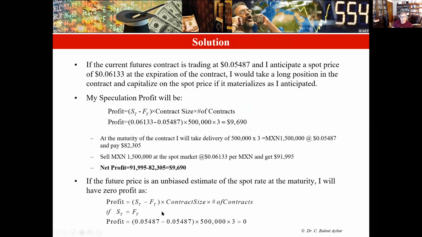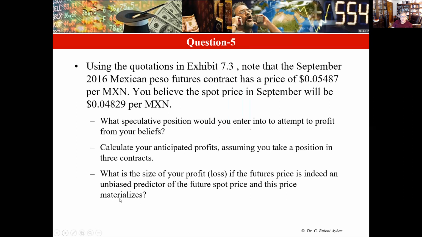There is a slightly different version of the question, which is the next question. In this case, the question is asking us what strategy would we adopt if we anticipate the spot price to be 0.04829 per Mexican peso.